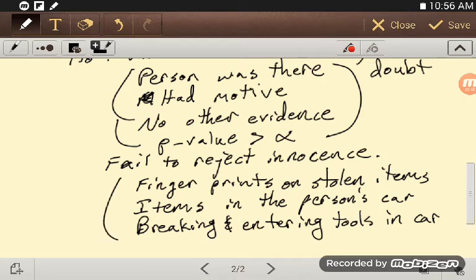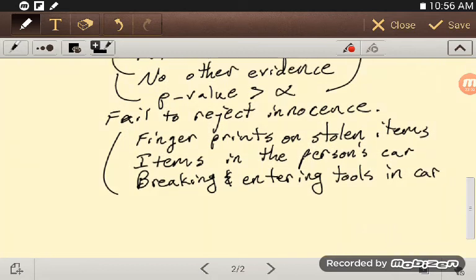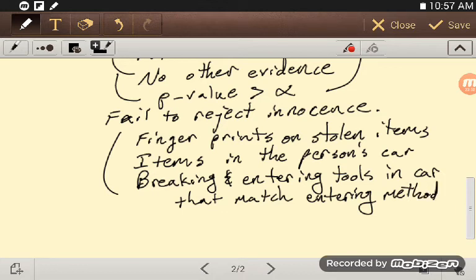But notice this starts adding up, and maybe at some point we say, oh, an innocent person? Would an innocent person have been there, had motive, had fingerprints on the stolen items, those stolen items in their car, along with breaking and entering tools in the car? Oh, that, we can say, matches the entering method, right? Maybe they have a big crowbar, and it looked like some kind of pry bar was used or something like that.